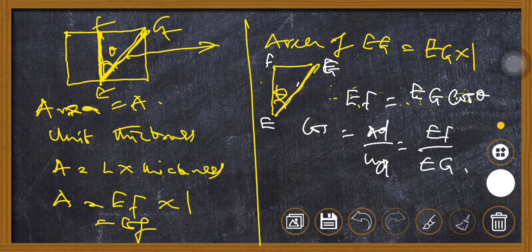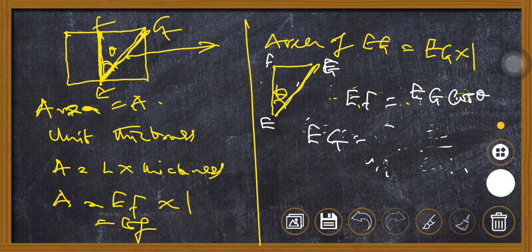But I need EG here, so automatically my EG should be equal to EF over cos theta.